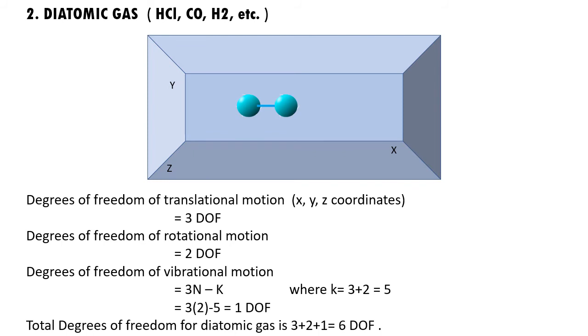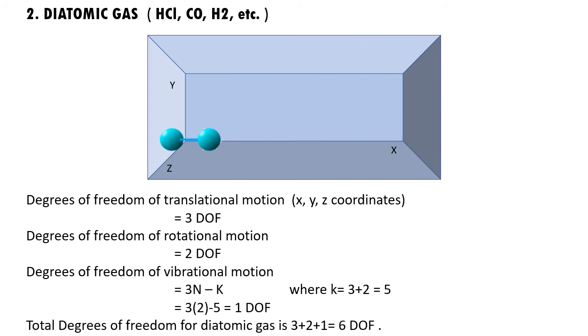Second one, that is the diatomic gas. So this diatomic gas can move along the x-axis, the y-coordinate and the z-coordinate. So the degree of freedom of translation motion is 3. Now the degree of freedom of rotation motion is 2. How is it 2?